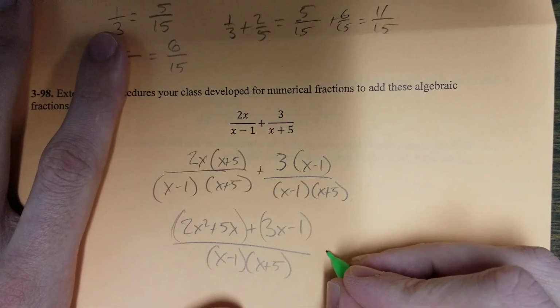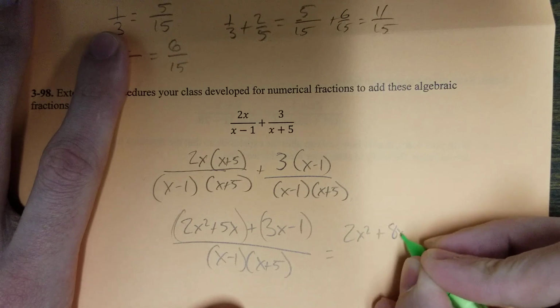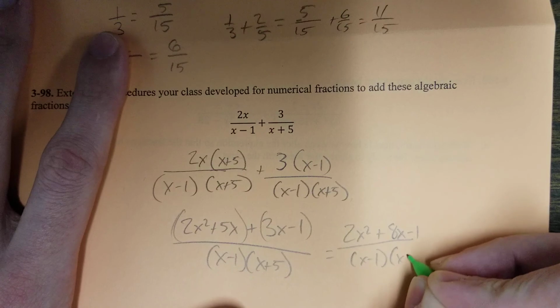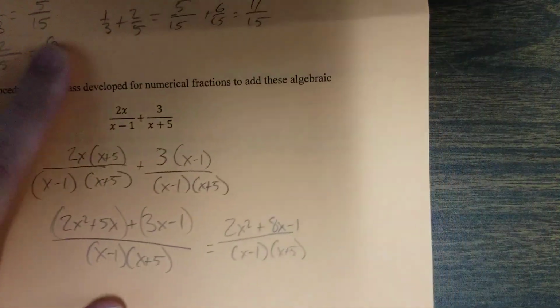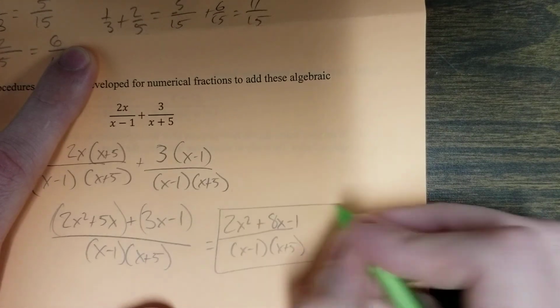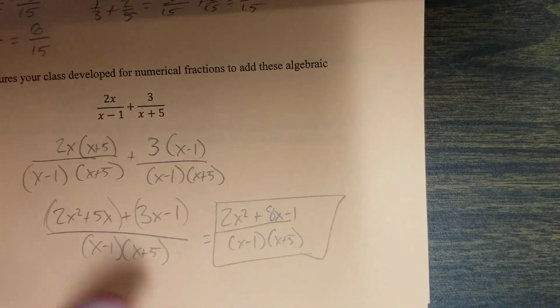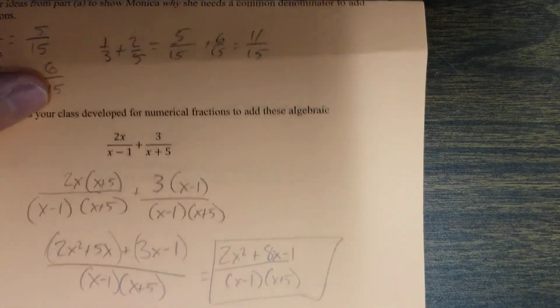And I can do one last step on simplifying: 2x squared plus 8x minus 1 over x minus 1 times x plus 5. And we're all set and happy. Sweet, so we have a process for adding fractions.